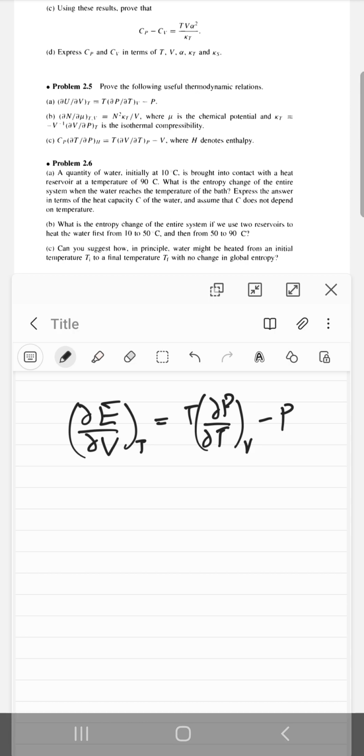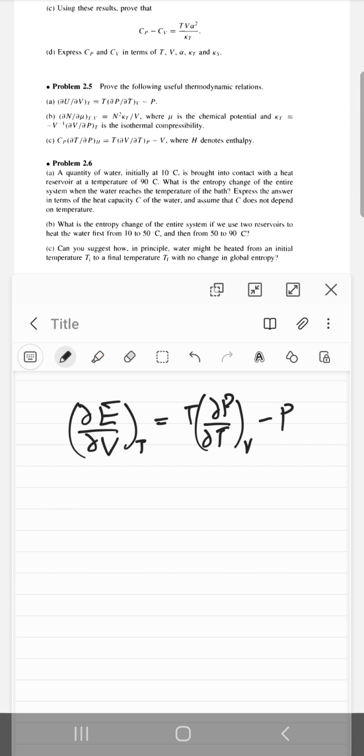How does that even add up? So you're thinking of energy as a function of temperature and volume, are you not? Yeah, right. So I'm going to prove this identity somehow. At constant temperature, how does this change as you change the volume while keeping the temperature constant?